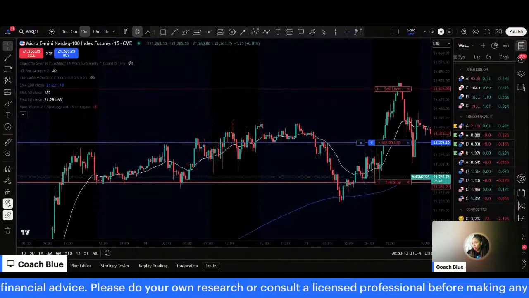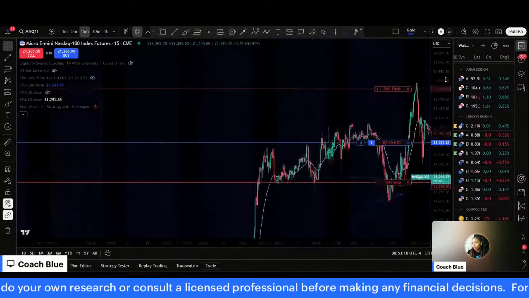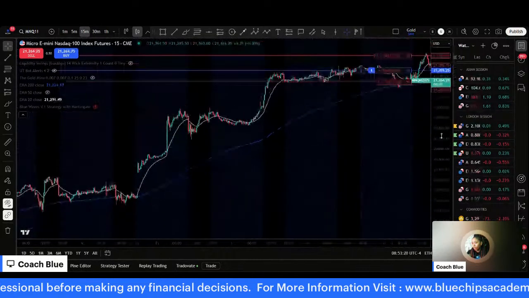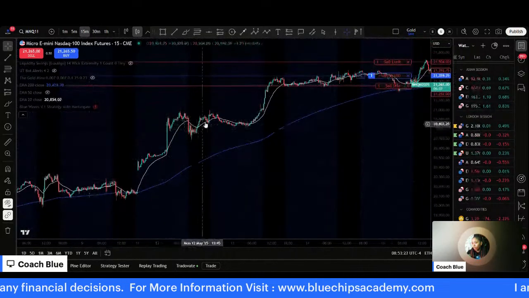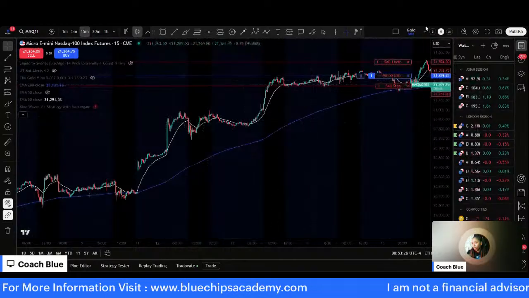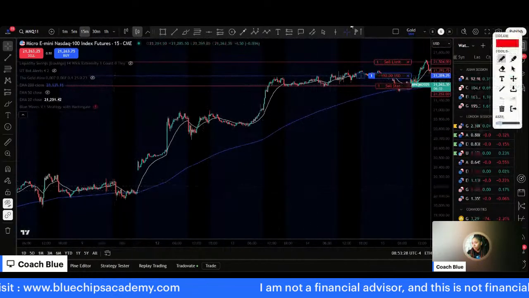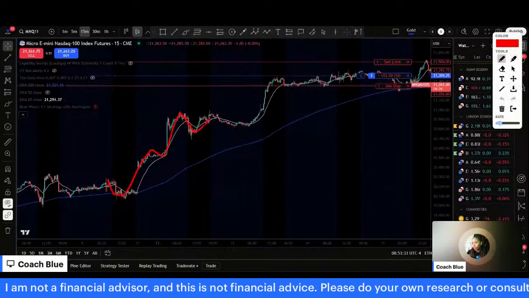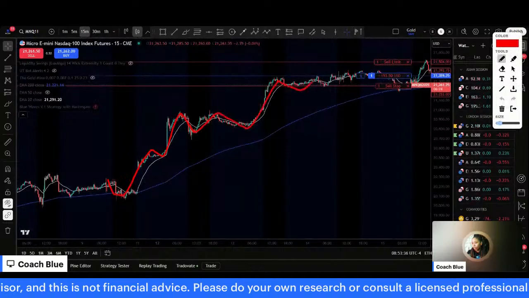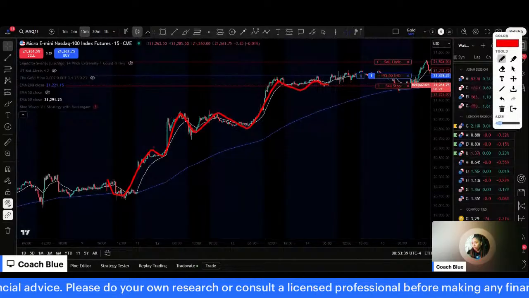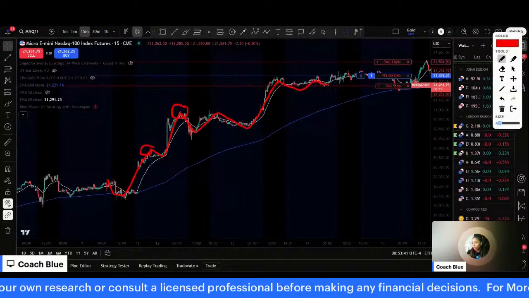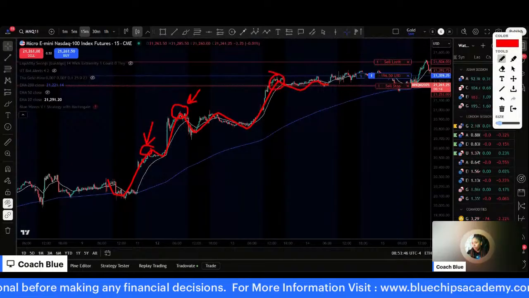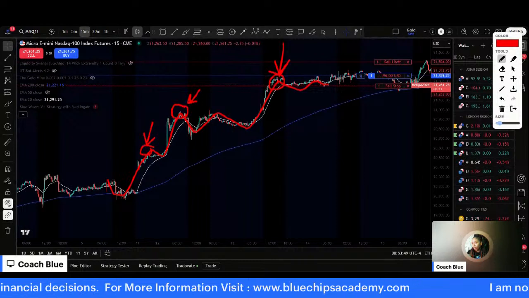But if we look to the left here, we can see how price is clearly moving up. This will be considered an uptrend. You can clearly see the direction. Whenever it's trending, it's clear as day. So we have higher pivots: this pivot here is higher than this pivot, and this pivot here is higher than this pivot.